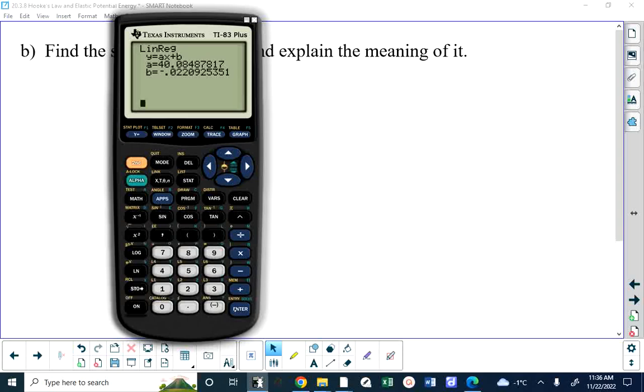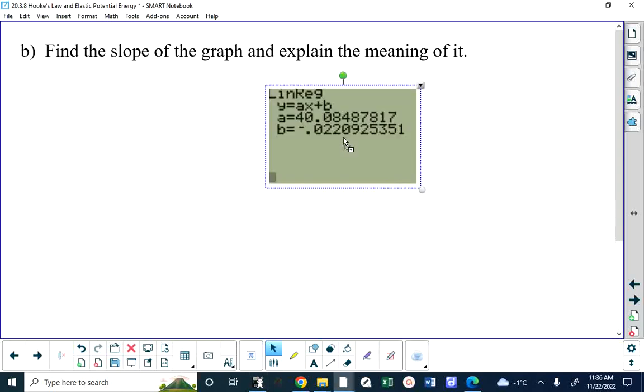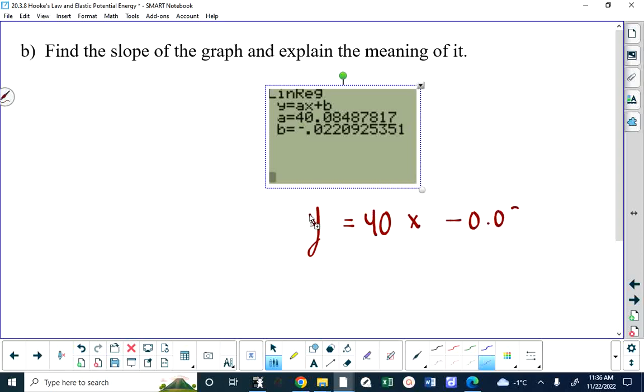But what I do get is an equation of the line that says y is equal to 40x minus 0.02. So this is a y equals mx plus b situation, but m is actually a on your calculator. So what is the slope of the line? Well, it's 40.